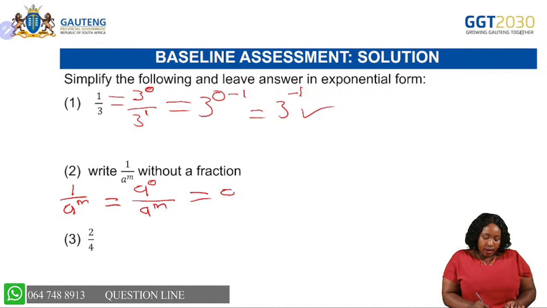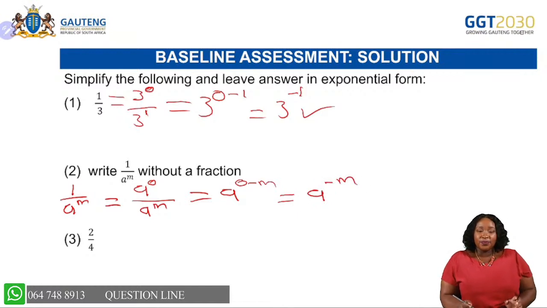Then we say, okay, we are dividing powers with the same base, so we subtract the exponents, which means you say 0 minus m. And from here, we must have a to the negative m. So did you get a to the negative m?